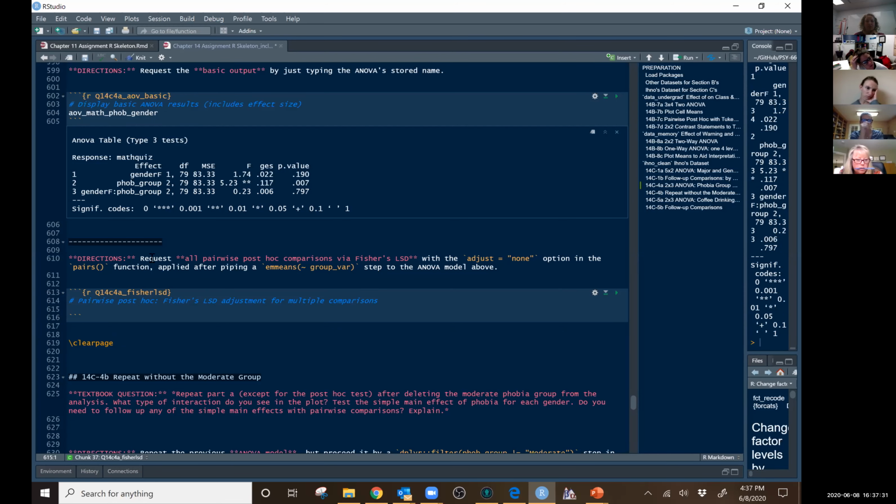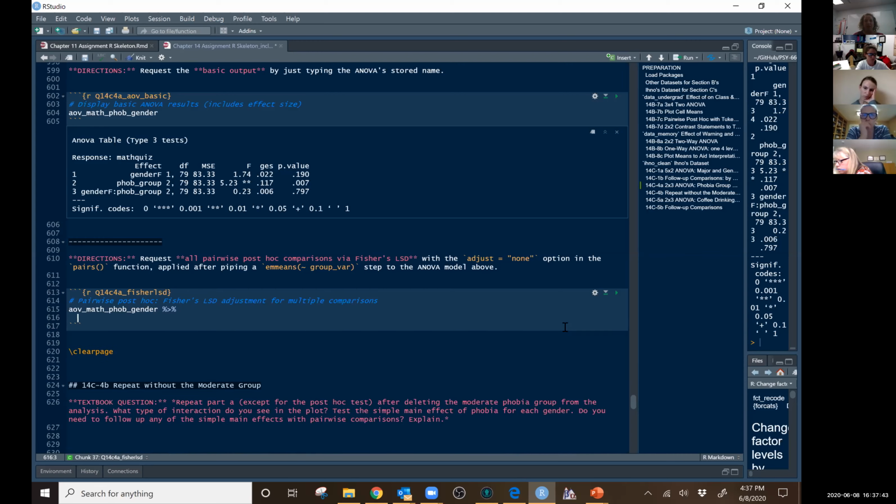It says request all pairwise post hoc on EM means. You can take your two-way model, and this is the way I prefer to do post hoc tests, is to do EM means on the two-way model. And we're doing it for which variable? Phobia group.